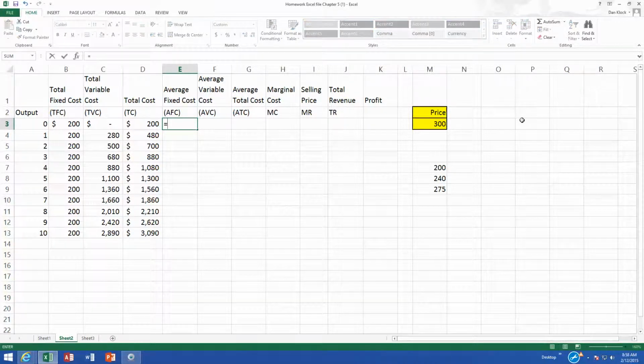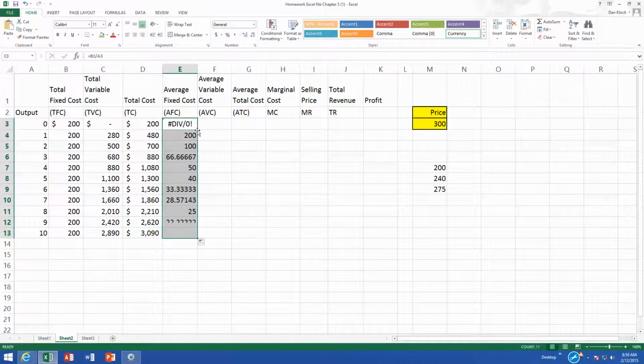So as everyone knows, if I take the 200 here, my fixed cost, this is my average fixed cost. So the average fixed cost for 0 quantity is the 200, B3 divided by the 0. And this will come out, of course, to NA, not applicable, or divided by 0, because we can't divide something by nothing. It is impossible.